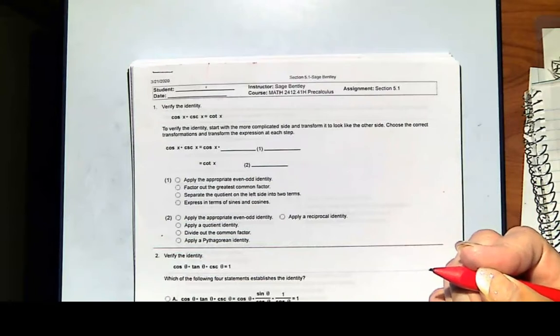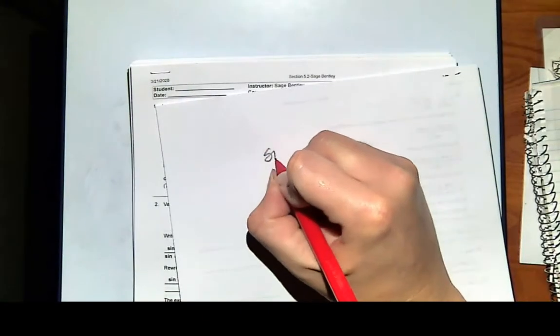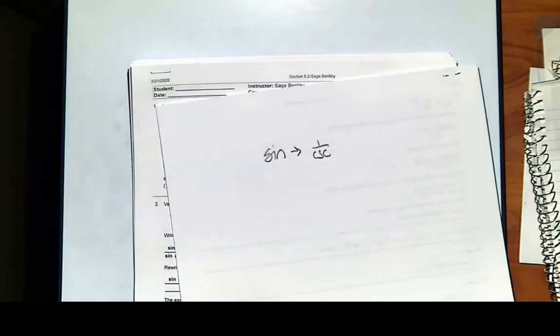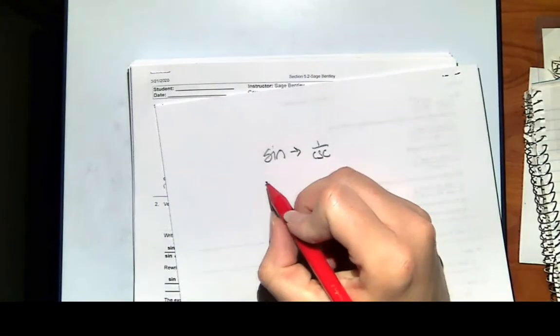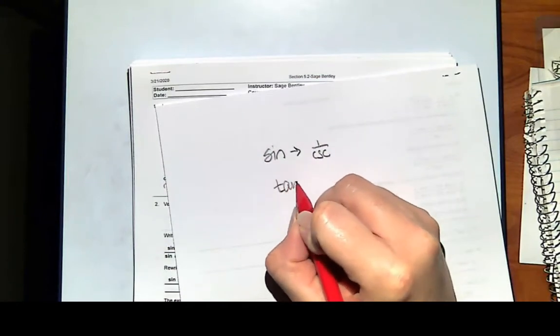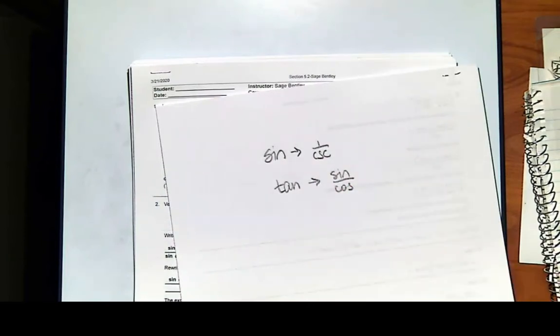5.1 is going to organize it into either reciprocal identities, which would be like sine is the same thing as 1 over cosecant, okay? It could be a quotient identity, which would be like tangent is the same thing as sine over cosine.